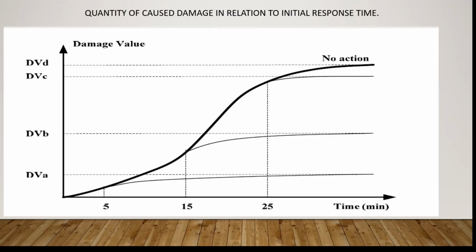So the quantity or the system through which we measure the damage relates to the response time. That specific chart is divided to help us understand the damage value within the time, and then what kind of action we can take. The next part is very much important: how we can respond to the alarm system if we receive any type of incident.